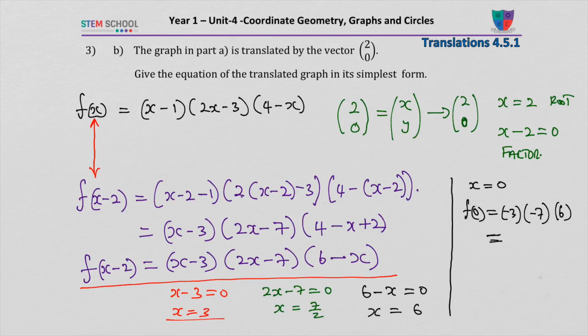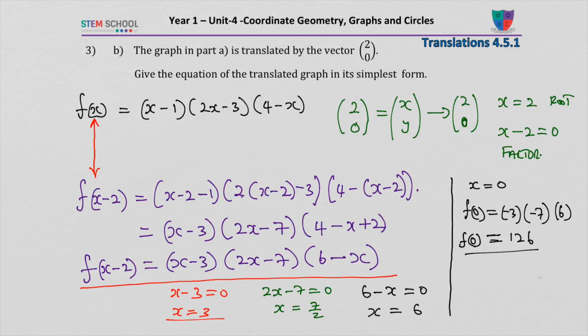Minus 3 times minus 7 will be plus 21. 21 times 6 is 126. So that's the intercept here. f of 0 is 126. That's the intercept on the y-axis.